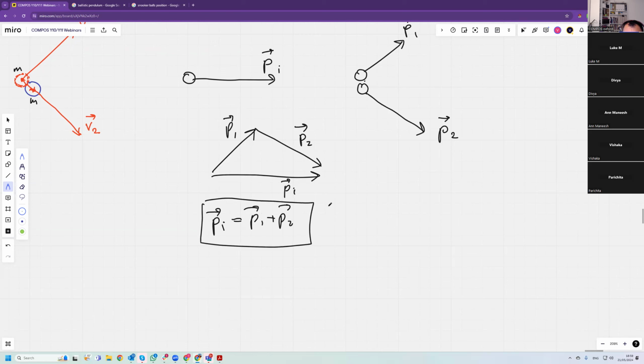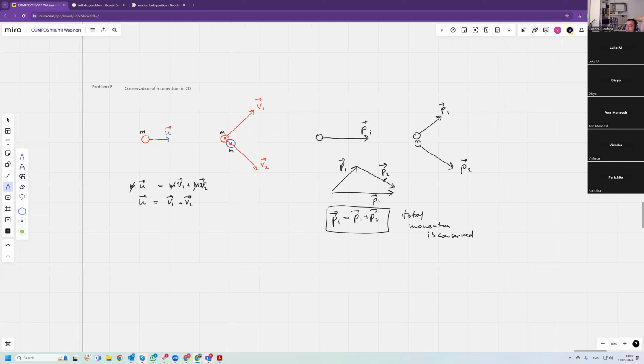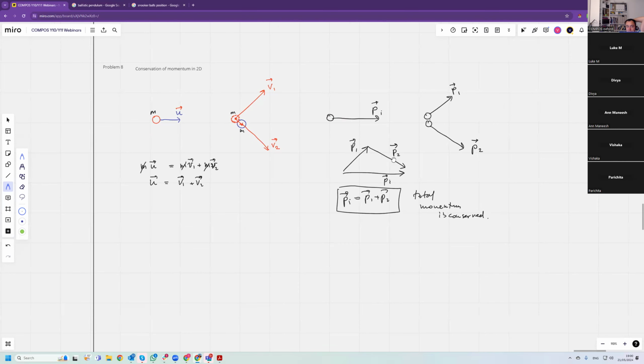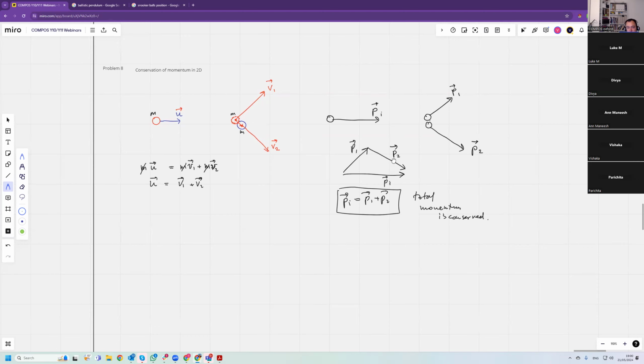So total momentum is conserved. Okay? Is that making sense?